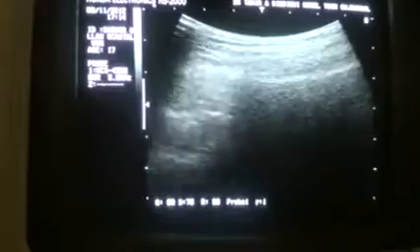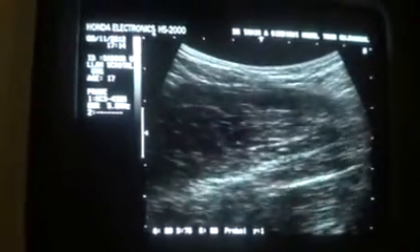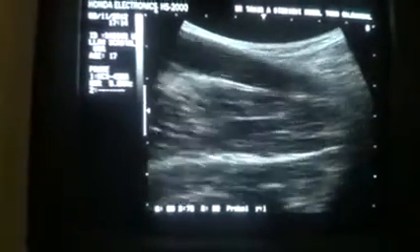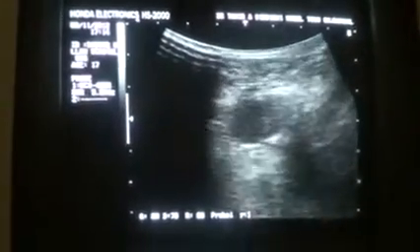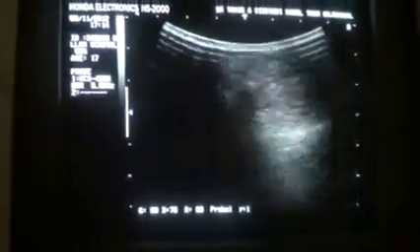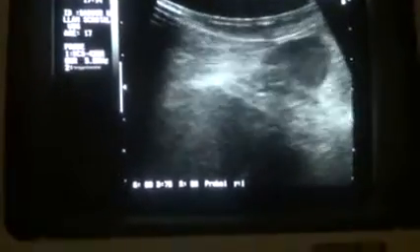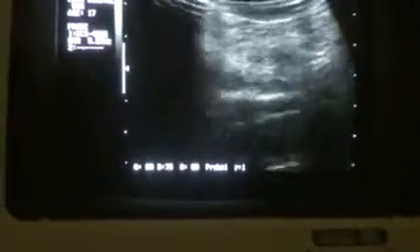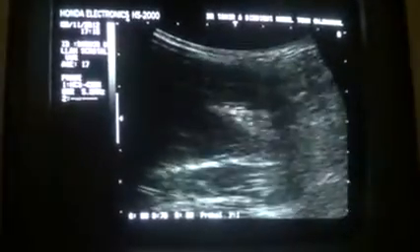So starting from the pubic region and coming downwards towards the scrotum, at least there is no evidence of any testicular tissue in this region.